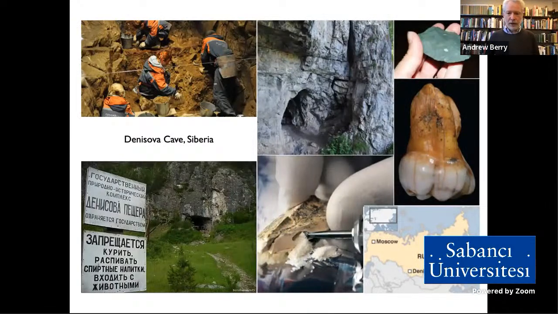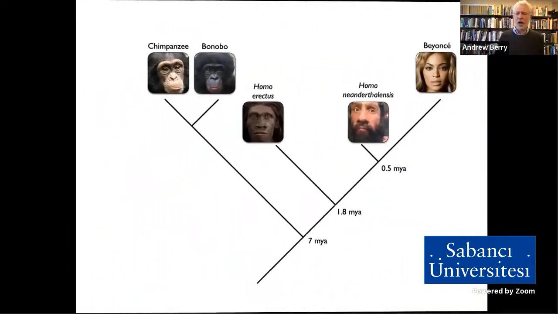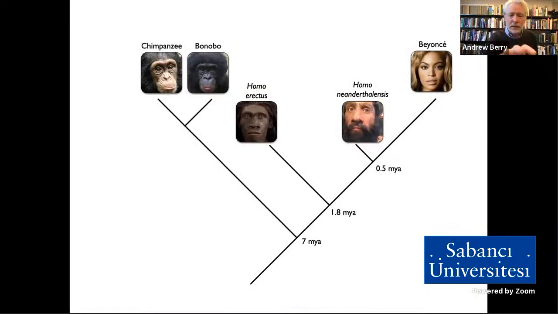Here's a cave in southern Siberia called Denisova, where we had some good material, weirdly, from a tooth and a pinky bone, from a little finger bone. Managed to get genomic material, which has introduced us to a whole new relative. This is the traditional family tree of humans.